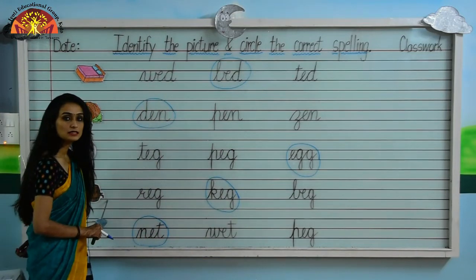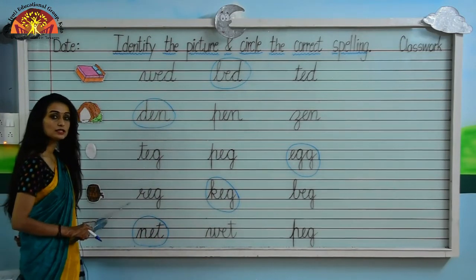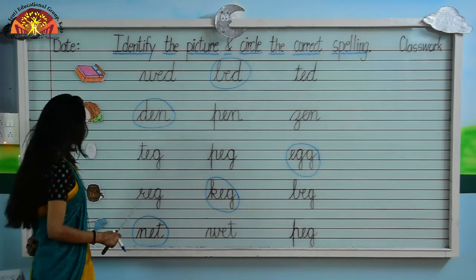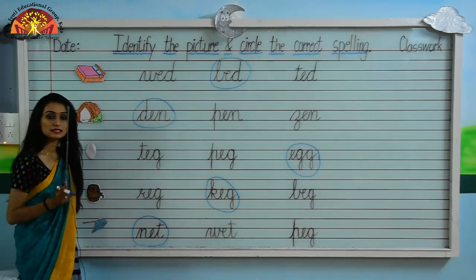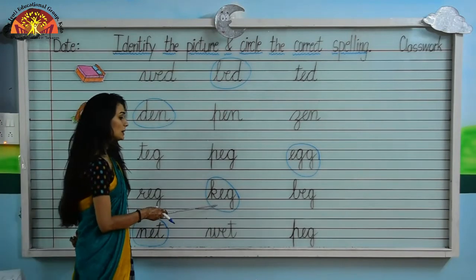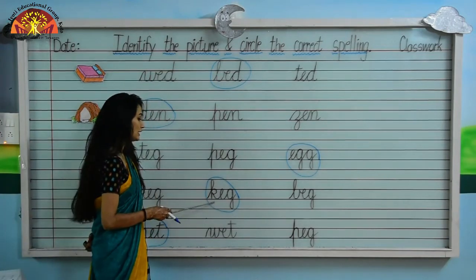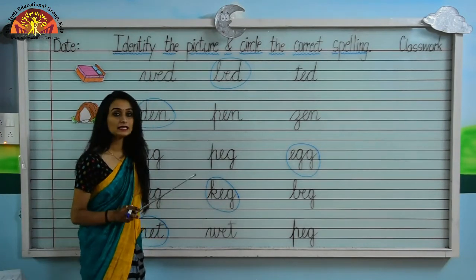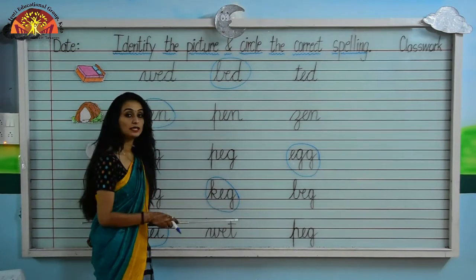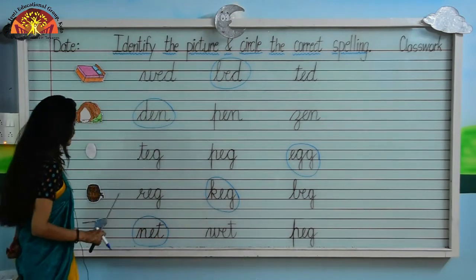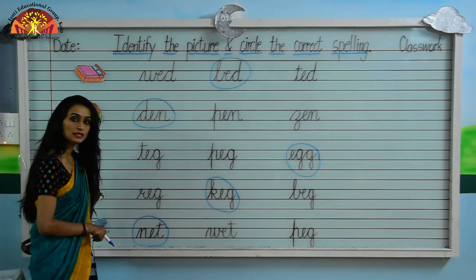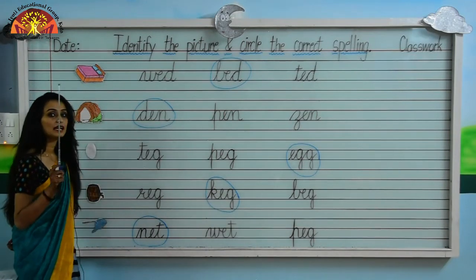Which picture is this? Yes, I just told you, kids. You all are absolutely right. This is keg. And the spelling of keg is K-E-G, keg. And the last one, which picture is this? This is net.